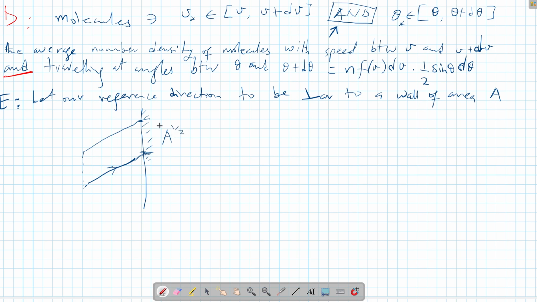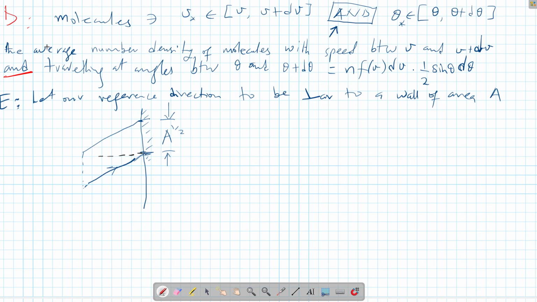Let's say the length is kind of a square root of A, since the area of the wall is A, we can consider approximately the wall to be a square of side root A. And so we choose a perpendicular direction.